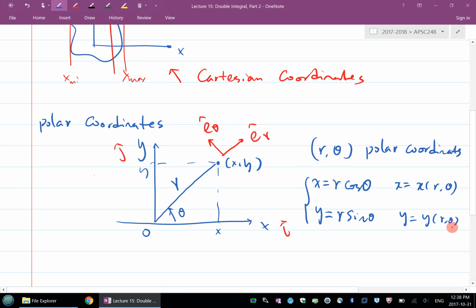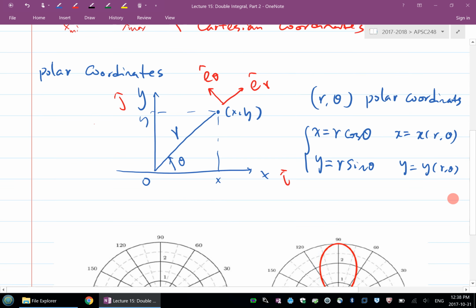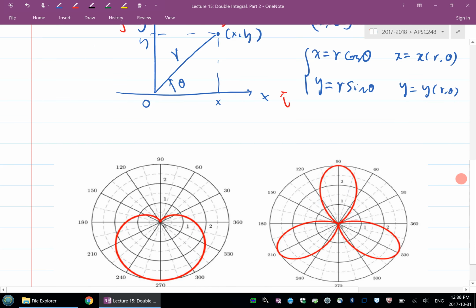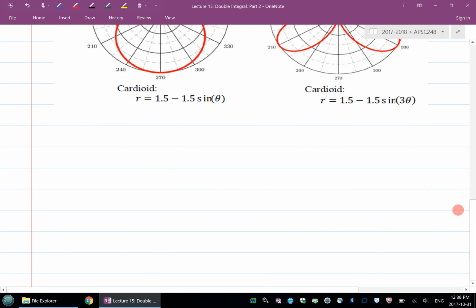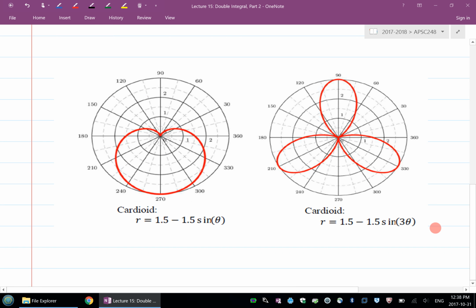So this is a specific coordinate change from Cartesian to polar, right? You use this relationship. Polar coordinates is a very useful one. Some graphs can easily be sketched using polar instead of Cartesian. For example, here we have two expressions in terms of polar coordinates r and theta, and they look very similar.